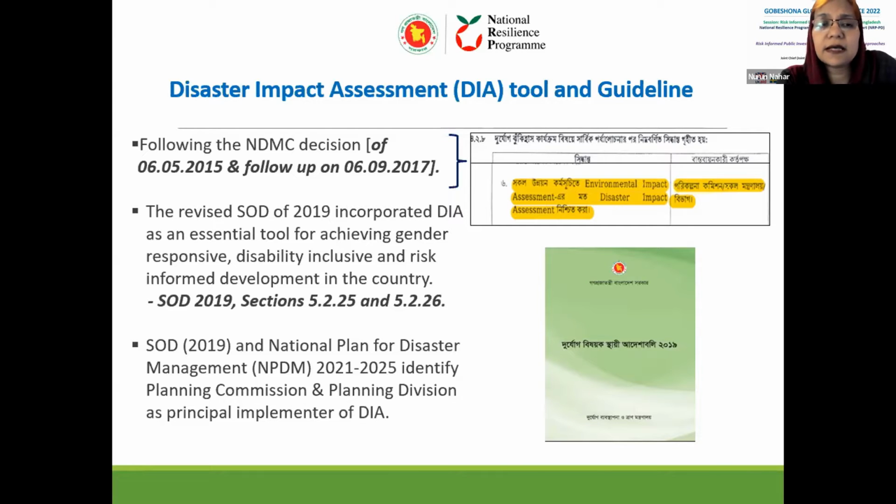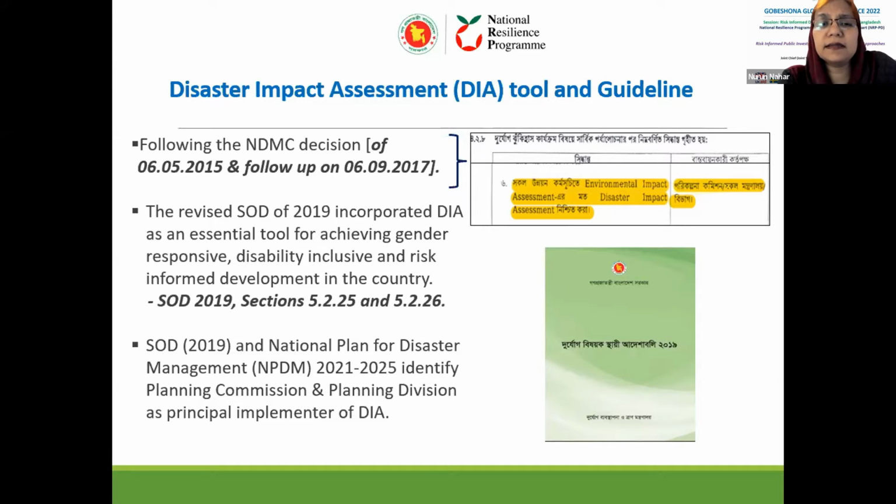The National Disaster Management Council in 2015 gave the direction that, similar to the environmental impact assessment, there can be a disaster impact assessment in our development planning, and this can be done by the Planning Commission or the Planning Ministry and concerned divisions.